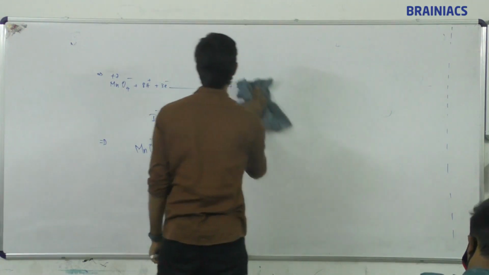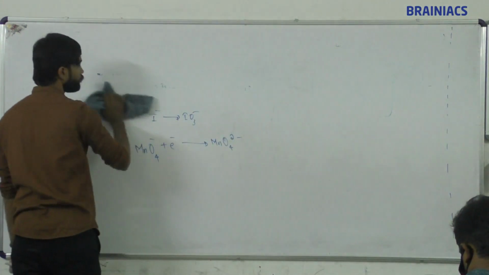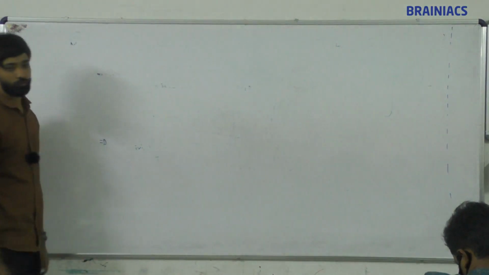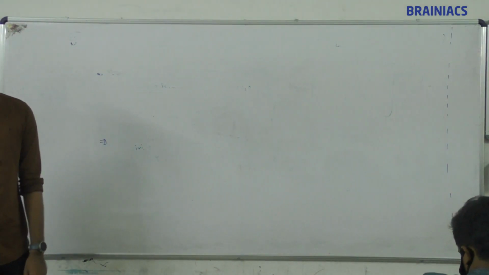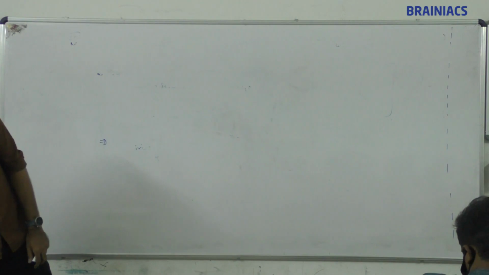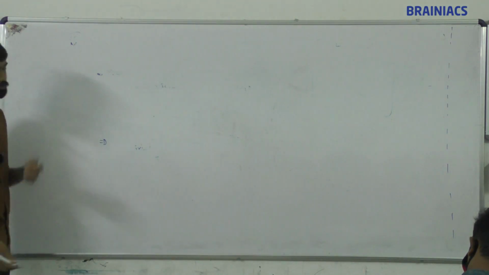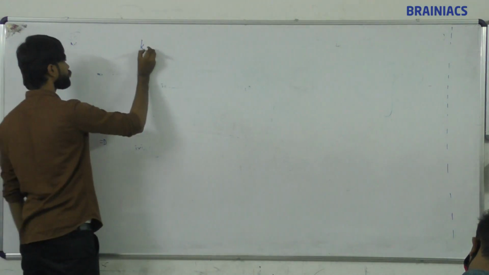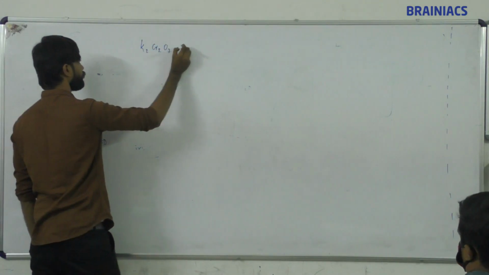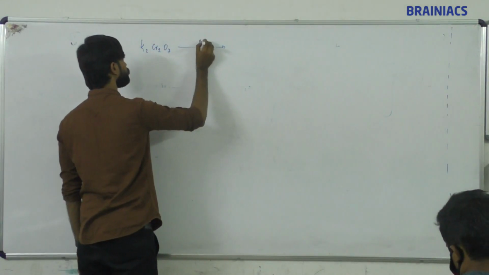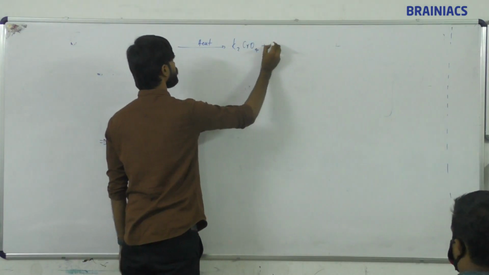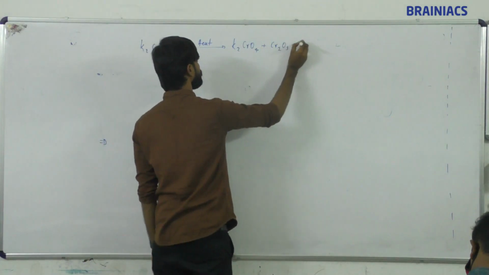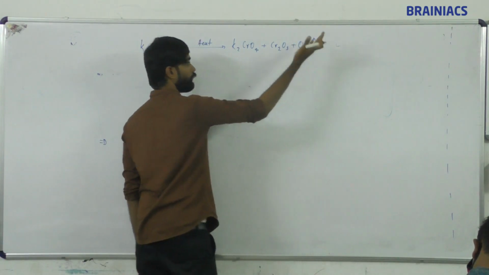K2Cr2O7 on heating becomes K2CrO4 plus Cr2O3, where oxygen may evolve.